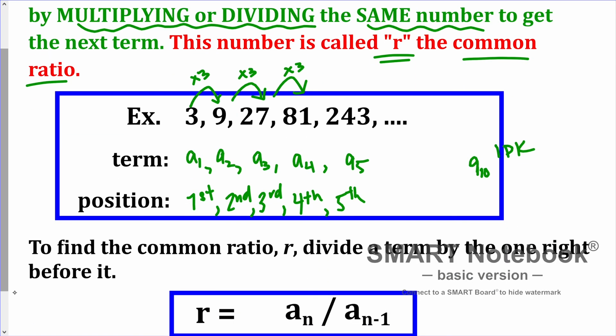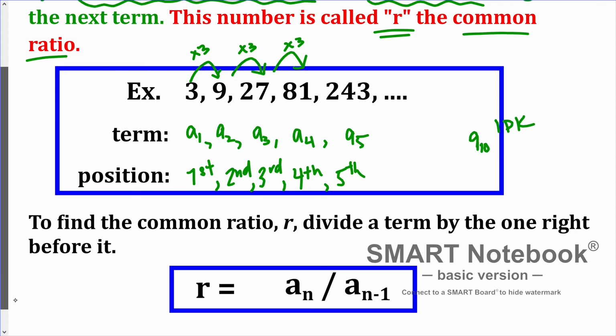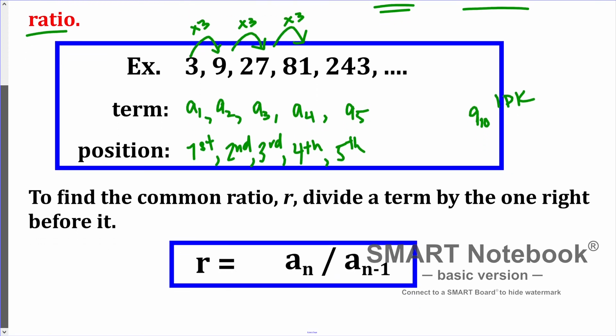All right, so to find the common ratio, R, we're going to divide a term by the one right before it. So we're still taking this AN and an AN minus 1. So I'm going to pick two numbers from our sequence that are right next to each other. So let's say I pick this A5.